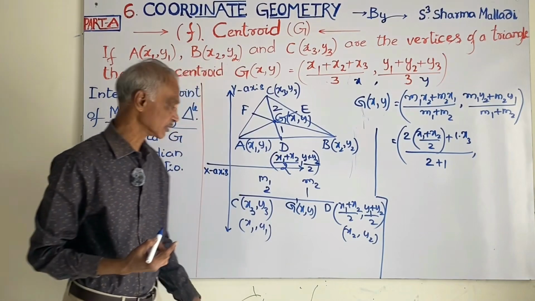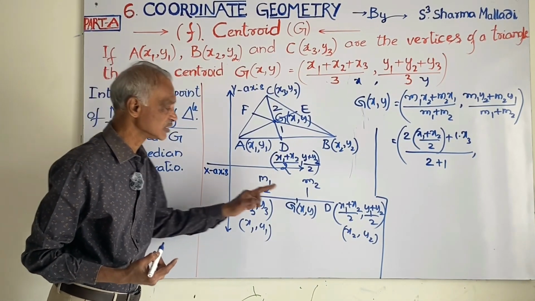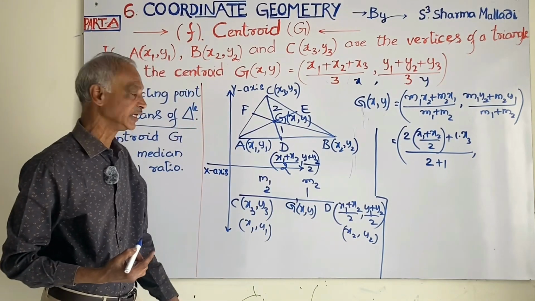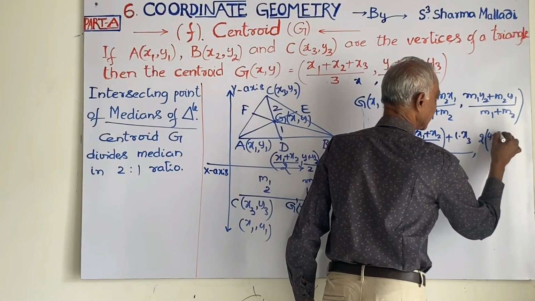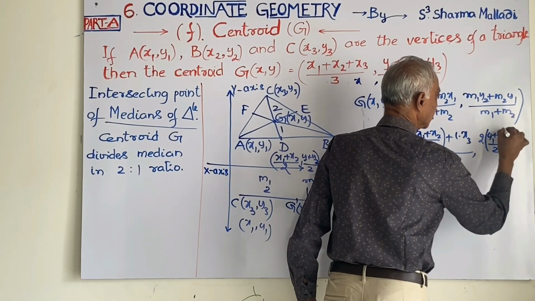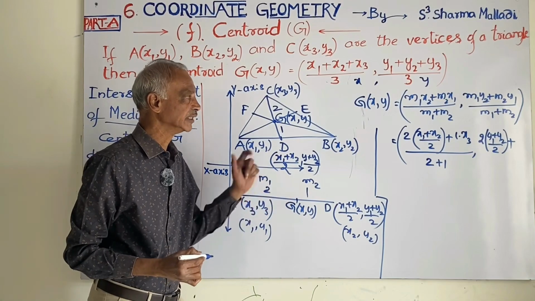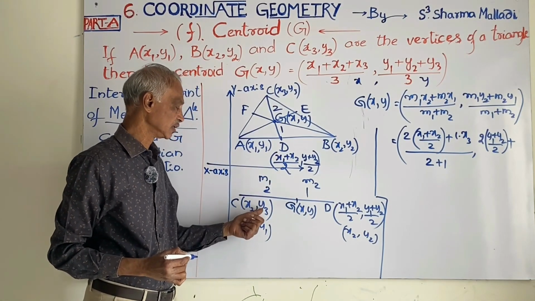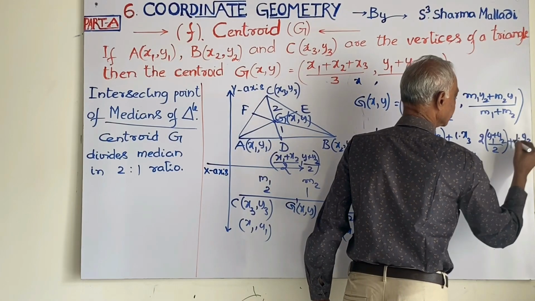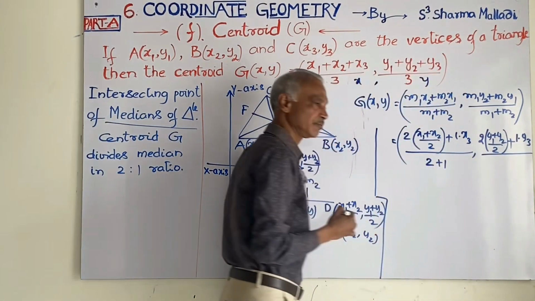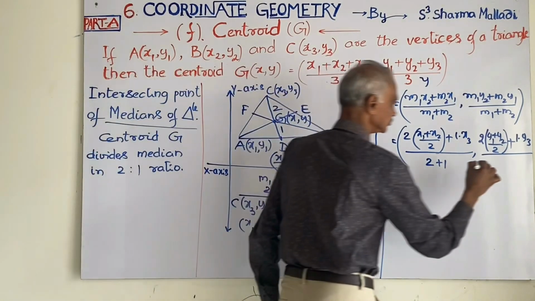Next, what is the y coordinate? m1 y2. m1 will be 2. What is y2 here? (y1 plus y2) by 2. 2 into (y1 plus y2) by 2. And what is m2? m2 will be 1, 1 into y1. What is y1? That is y3. 1 into y3 by m1 plus m2, 2 plus 1.